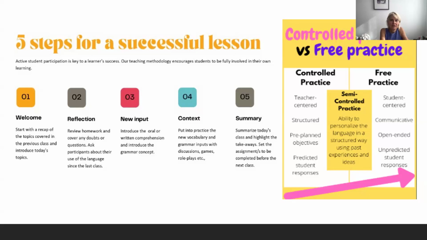That's how I feel. Usually I just jump right in, because it's a 1 hour group class.